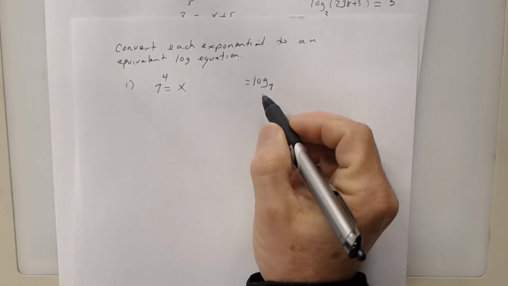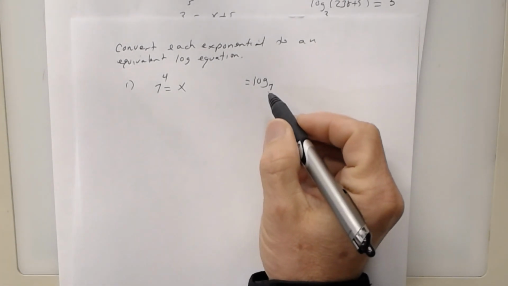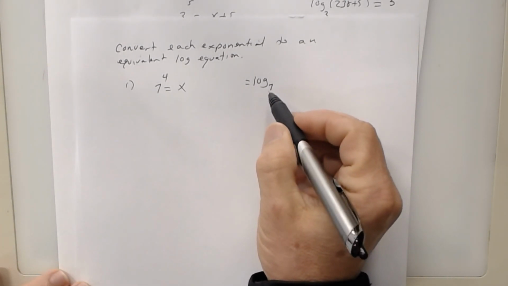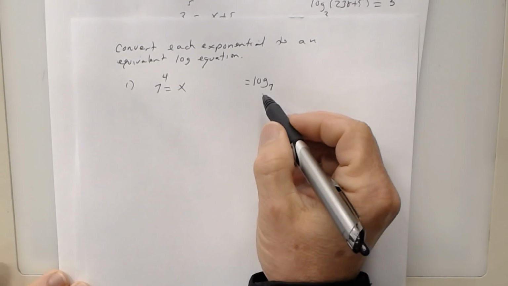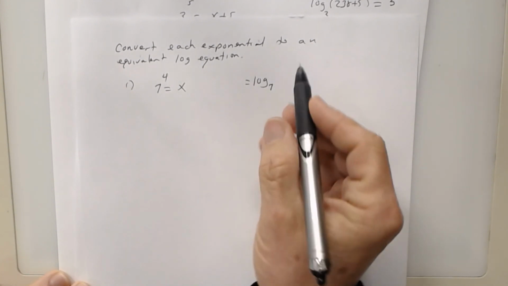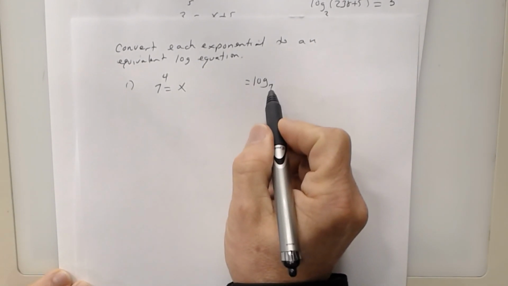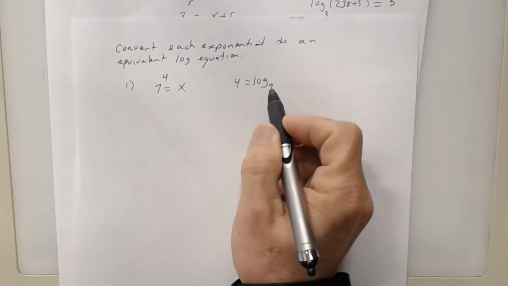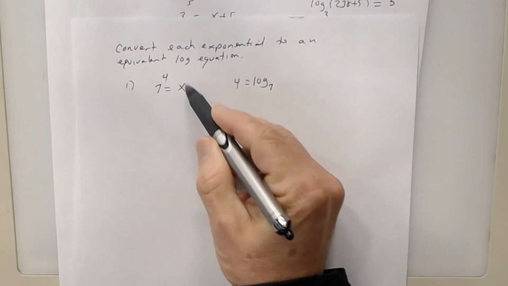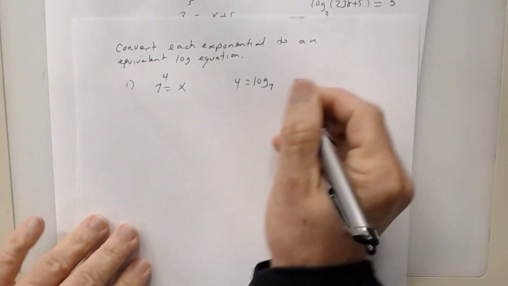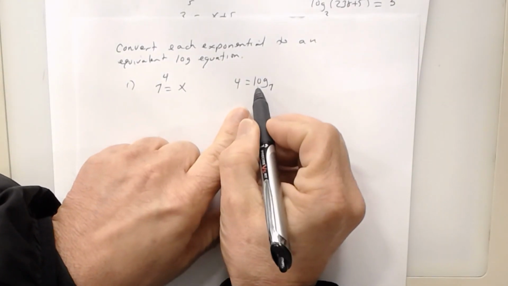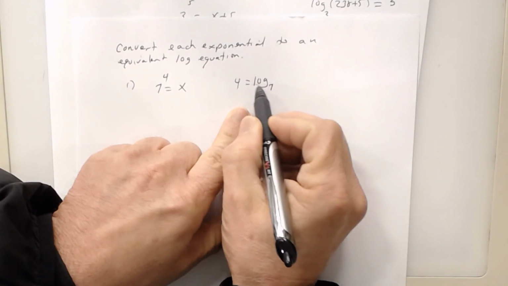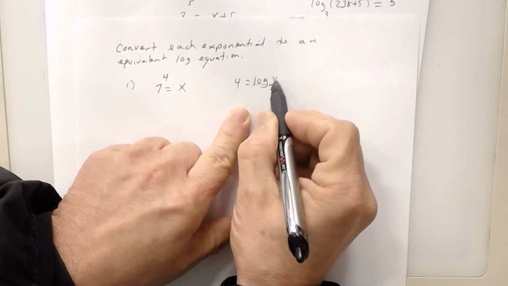Now, guys, there were a couple of you that I got on for the way you were writing your log equations. So watch what I'm going to tell you. All right, so 7 to what power? So what's my power? 4. So the argument has to be x. When you write it, I want you to notice that the LOG and the x are on the same line.